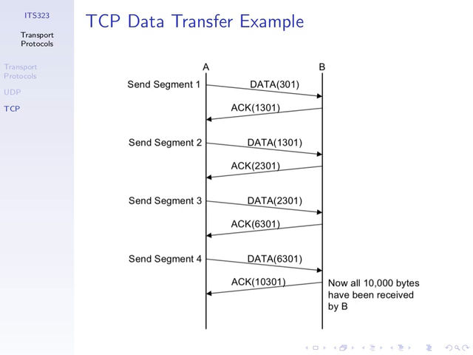If we continue our scenario, so that first 10,000 bytes, the user opened their application, pressed send to send the 10,000 bytes to the destination. TCP used this approach to send it as 4 segments.